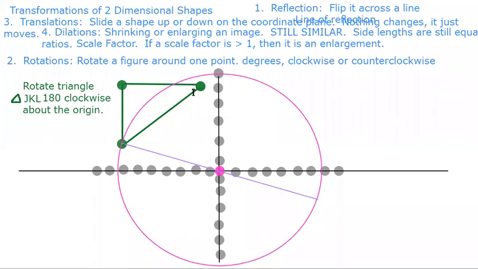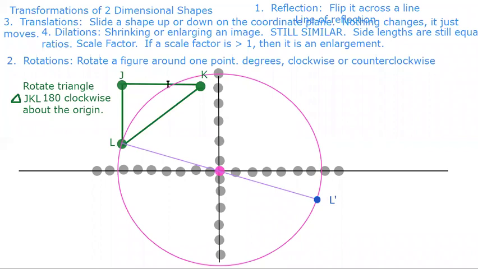So this was J, K, and L. My new L prime is going to go 180 degrees around this circle, and it's going to end up right here. There's point L prime. That's the one that I moved.